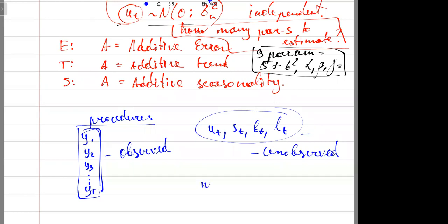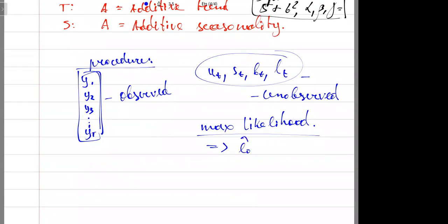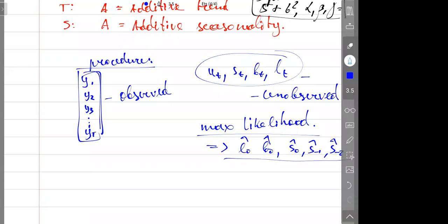And using maximum likelihood, we estimate L0 hat, B0 hat, S0, S minus 1, S minus 2 hat. These are all the parameters without noise parameters.